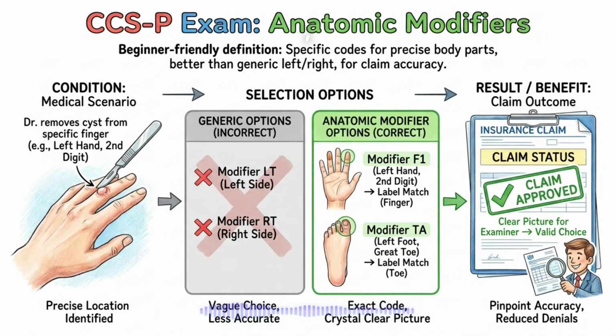For example, modifier F1 represents the left-hand second digit, while modifier TA represents the left foot great toe. Using these specific anatomical modifiers is far better than simply using left or right modifiers, because it paints a crystal clear picture for the insurance examiner. If a doctor removes a cyst from a specific finger, you must use the exact finger modifier to get the claim approved.